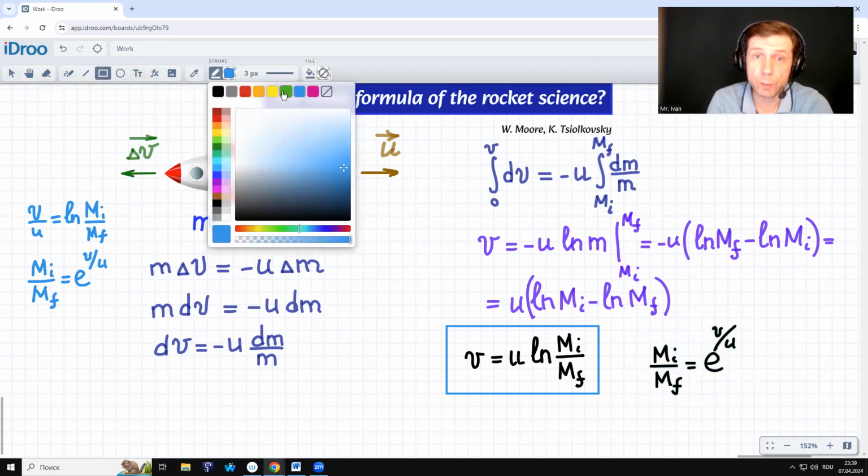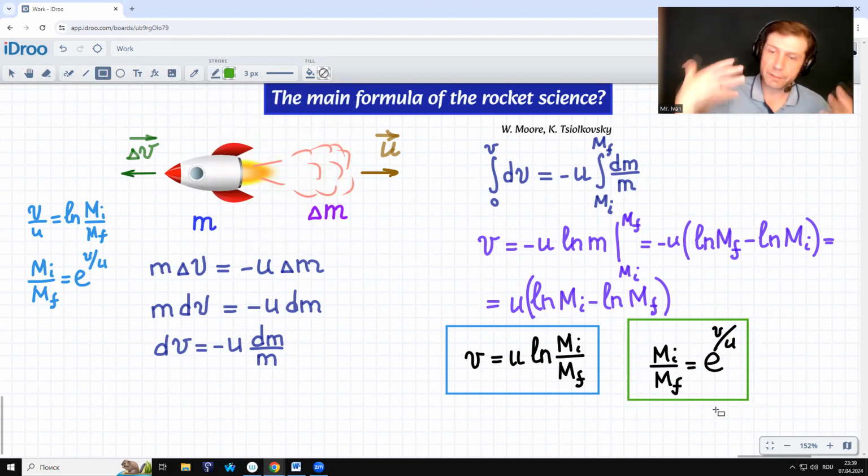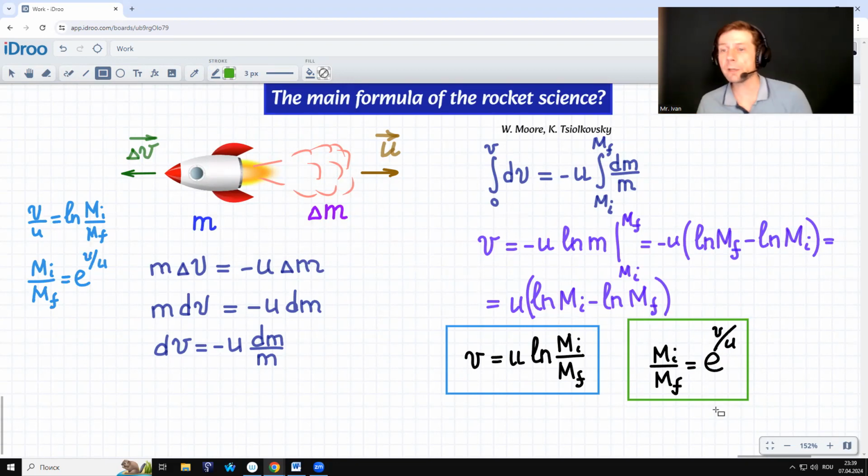This is again a quite important formula. The first one allows us to calculate the final velocity if we have a certain ratio m initial over m final, and the second allows us, dreaming about the achieved velocity, to calculate the needed ratio of initial mass and final mass. Let's try doing that in the next videos.